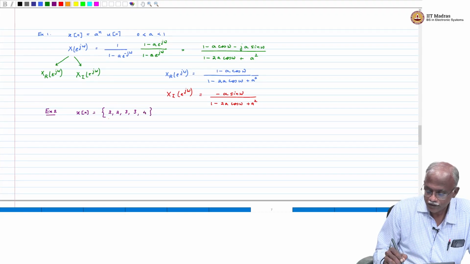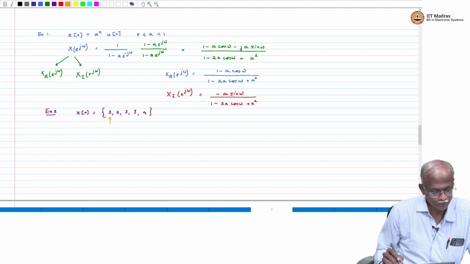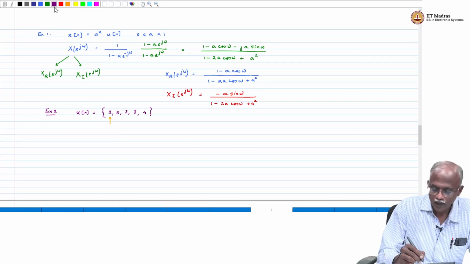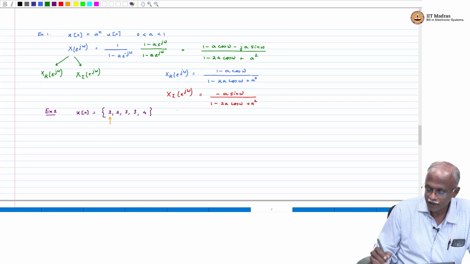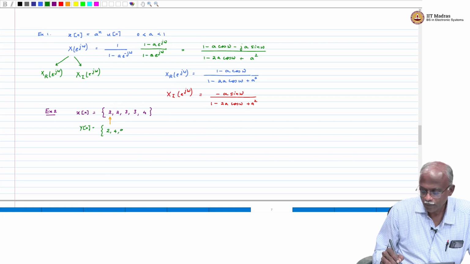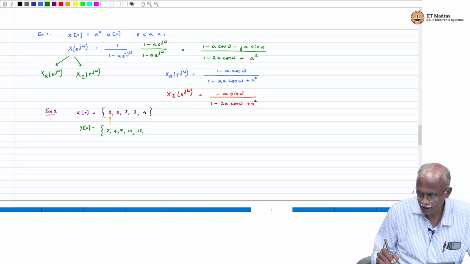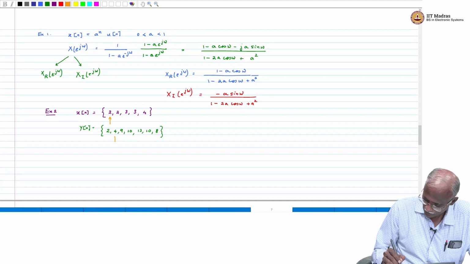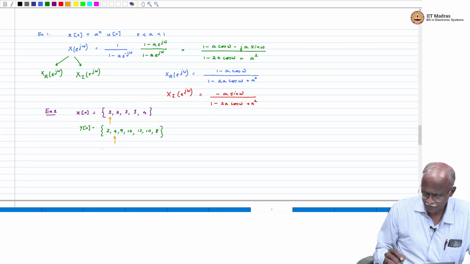The origin is at the first 2. Second part, we are also given y of n. y of n is 2, 4, 9, 10, 13, 10, 8, and the origin is given as 4.